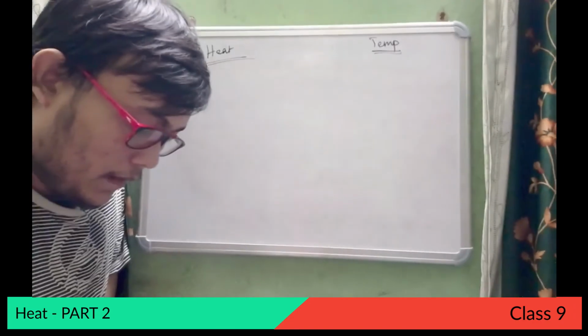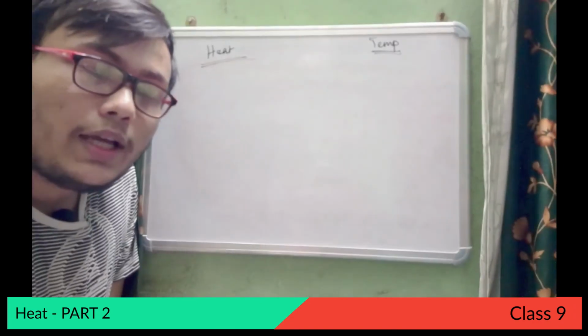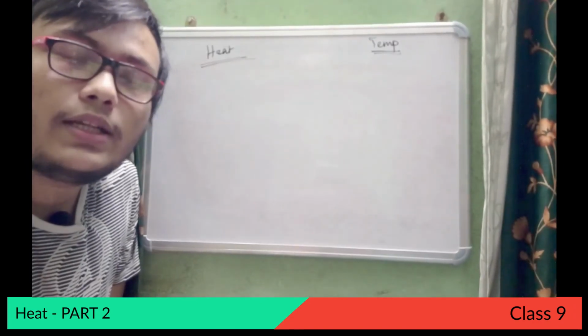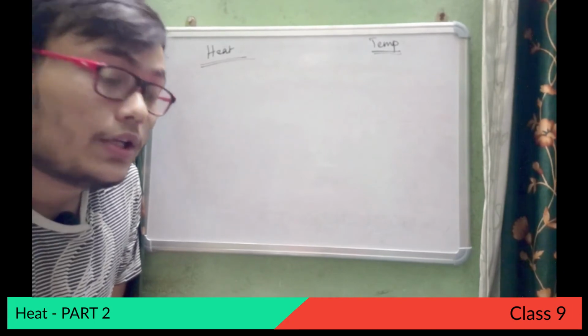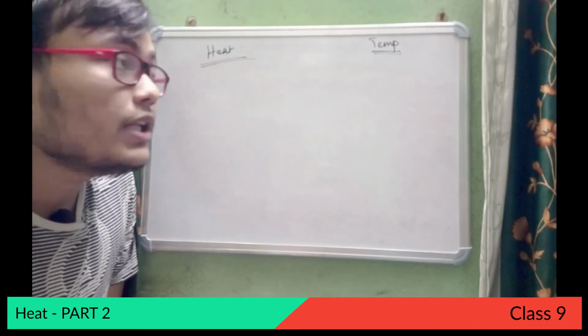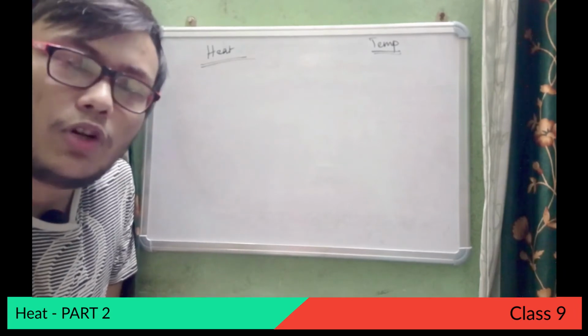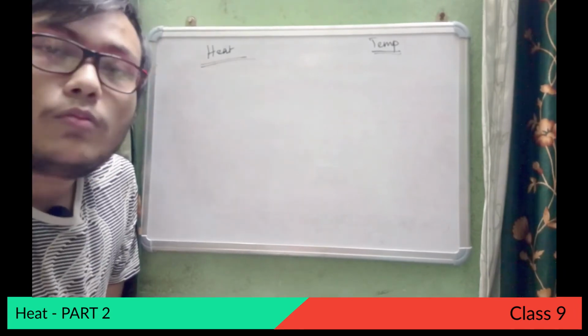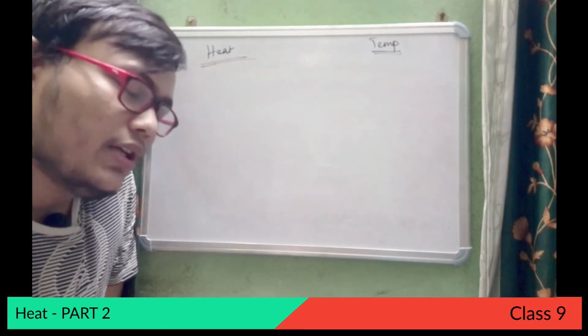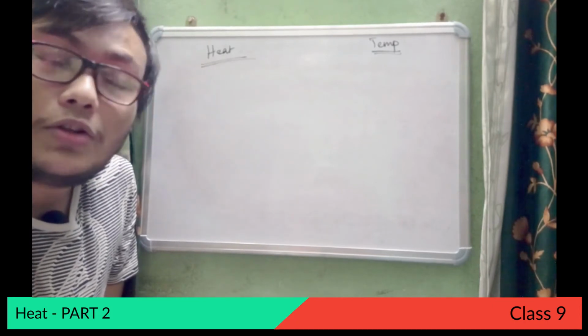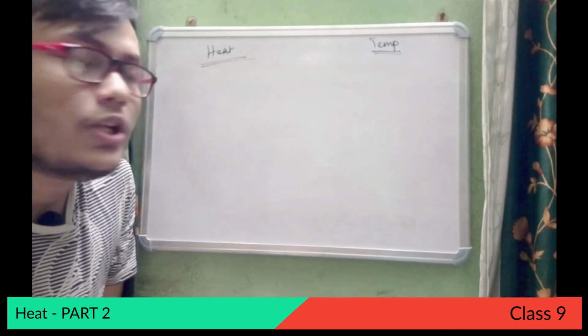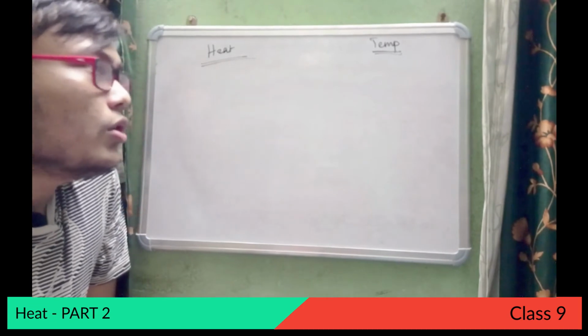Now in my last video I had told you guys that heat is a form of energy, and I explained to you that heat travels from one body to another due to the random motion of the molecules inside an object. While on the other hand, I told you that temperature is a measurable quantity, right?